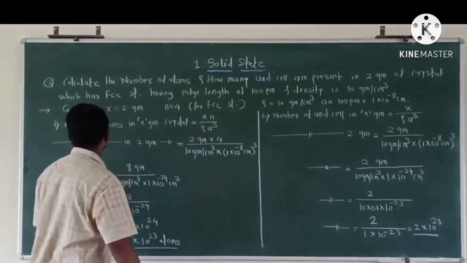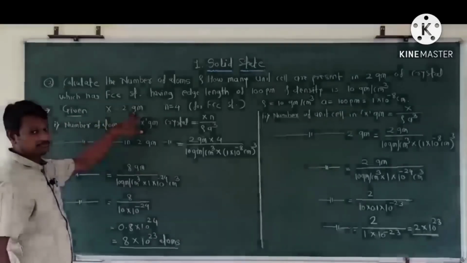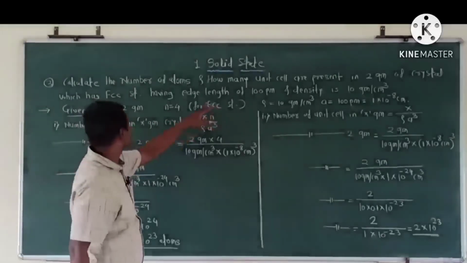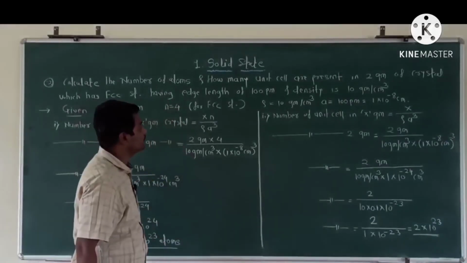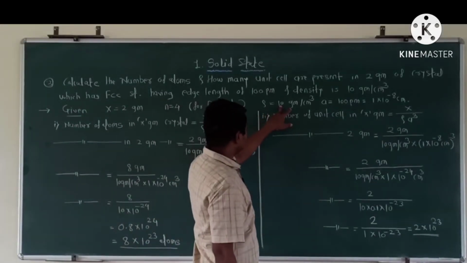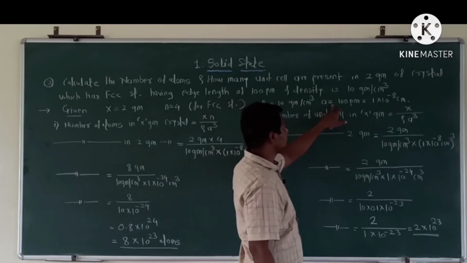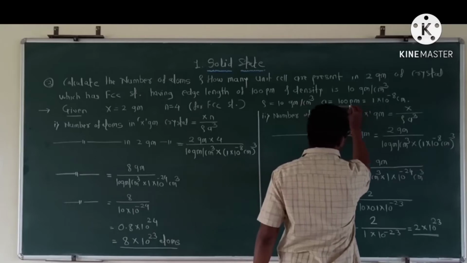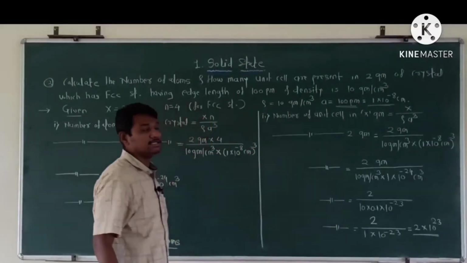First write down the given quantities. x is equal to 2 gram, n is equal to 4 for the FCC structure. The density is 10 gram per centimeter cube and edge length a is 100 picometer, which is converted into centimeter, that is 1 into 10 raised to minus 8 centimeter.